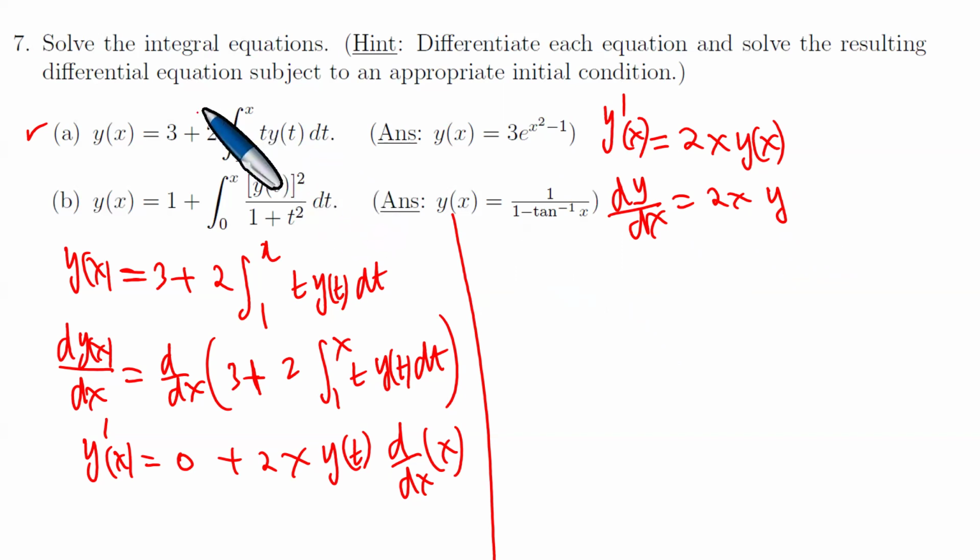No, this one is called the fundamental theorem of calculus.